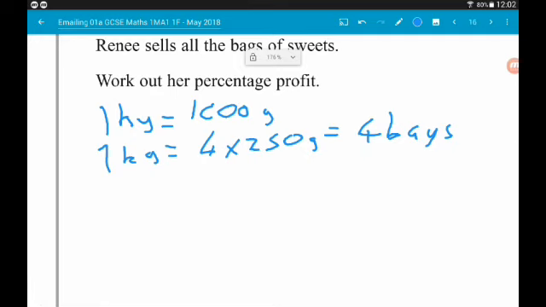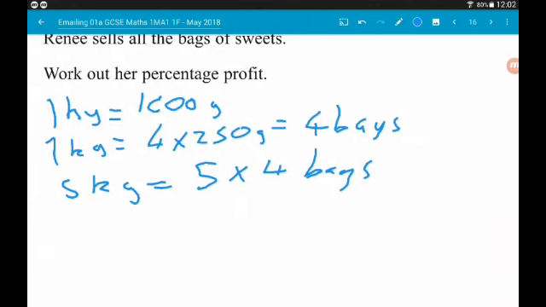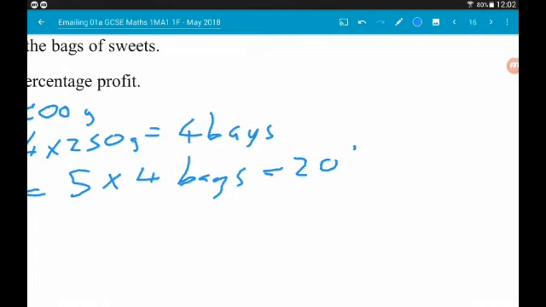So, 5 kilograms is 5 lots of 4 bags, which is 20 bags. Okay, so she has 20 bags of sweets to sell.